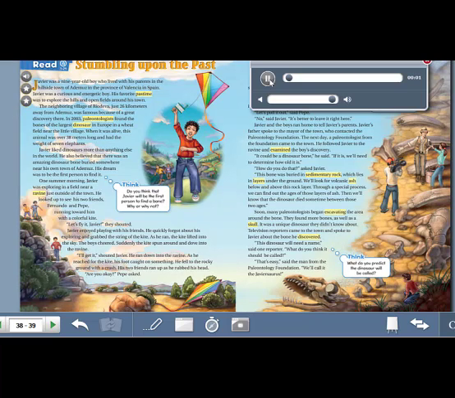Page 38. Read. Stumbling Upon the Past. Javier was a 9-year-old boy who lived with his parents in the hillside town of Ademuz in the province of Valencia in Spain. Javier was a curious and energetic boy. His favorite pastime was to explore the hills and open fields around his town.